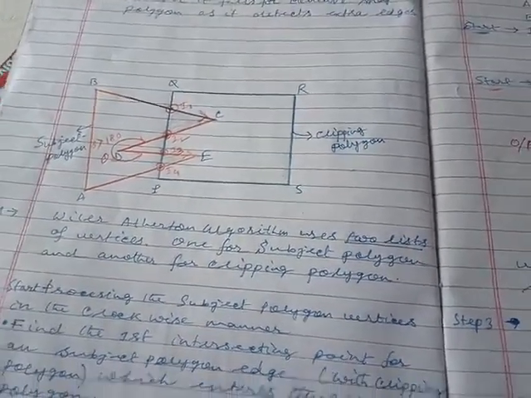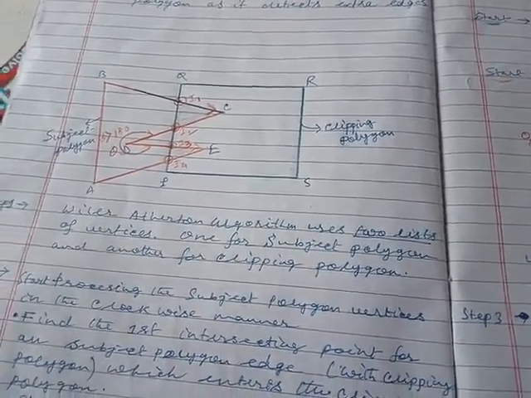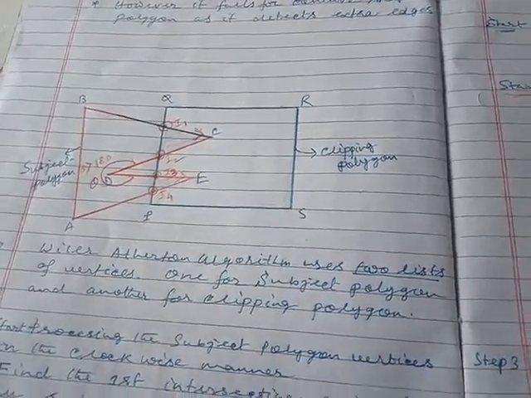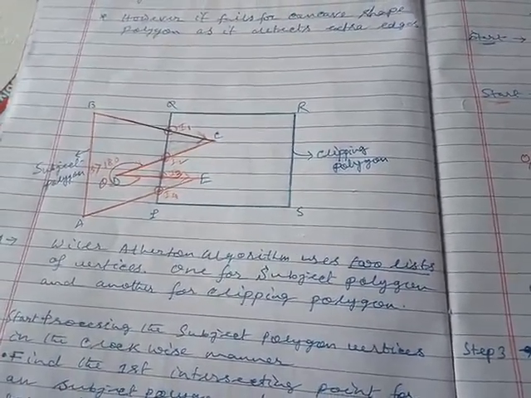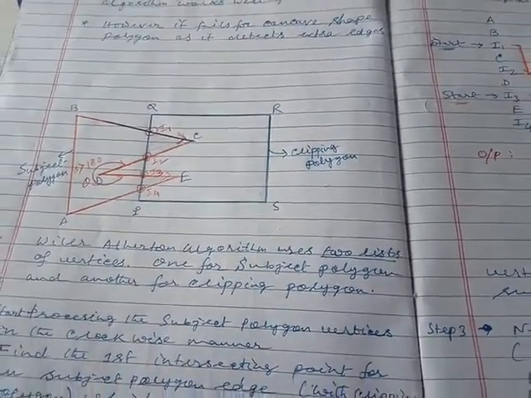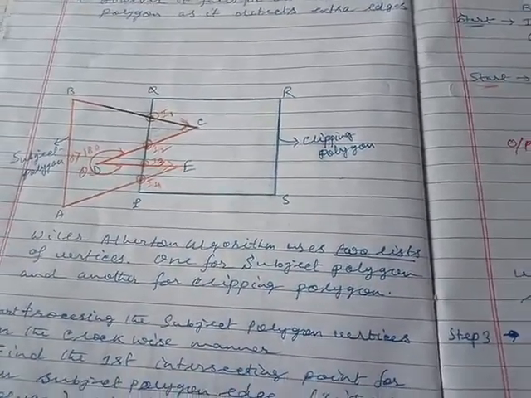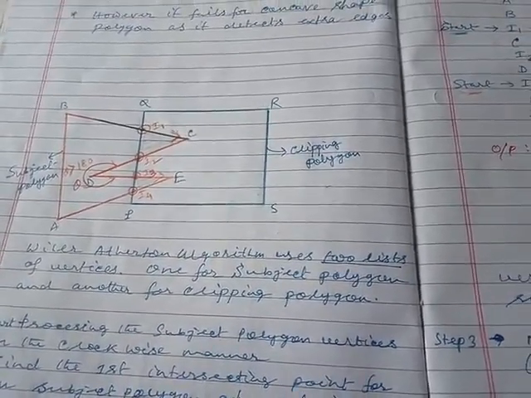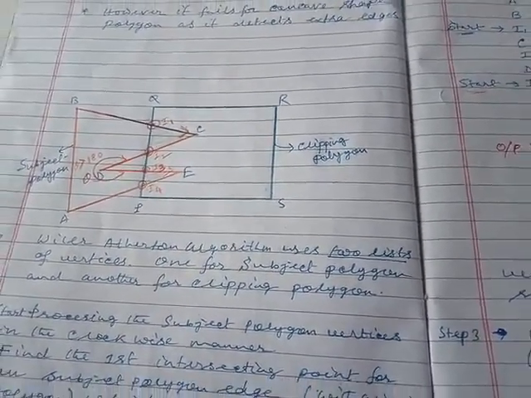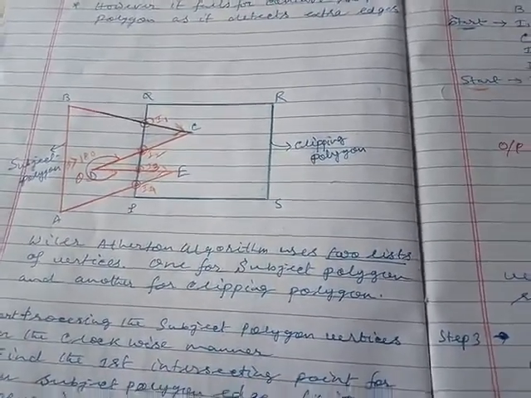from the next intersecting point corresponding to the incoming edge of the subject polygon, we will restart the sub procedure again to follow the subject polygon edges in clockwise manner, and the procedure repeats, and keep on tracing the vertices until we do not get any intersecting point corresponding to the outgoing edge of a subject polygon.